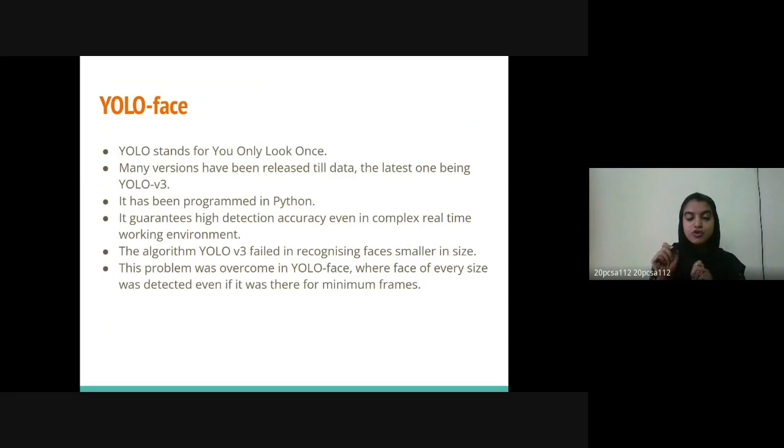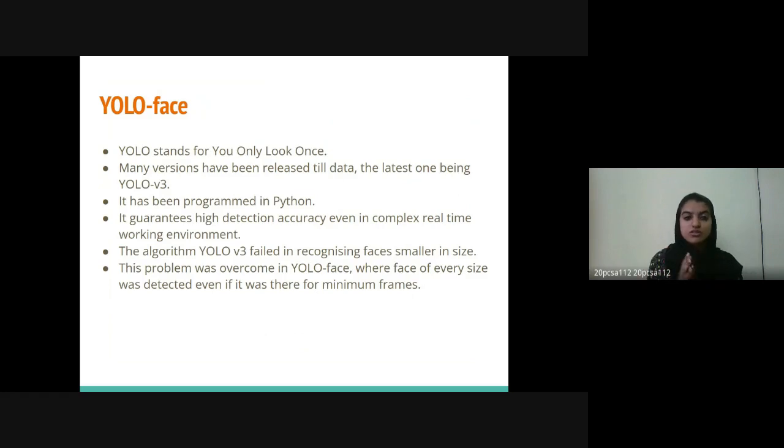But the major problem in YOLO V3 was that it failed to detect a face which was there for a very minimum amount of time or was very small in the picture, like a face in the background. So it failed to recognize that.